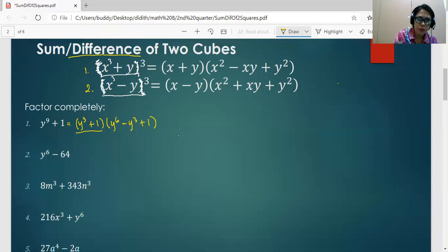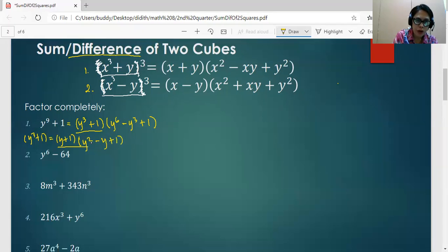So the factors of y cubed plus 1 are the binomial factor y plus 1, which was taken when we extract the cube root of both terms y cube and 1. And then the second factor is the square of y, and then the product of y and 1 times -1, and then the square of 1.